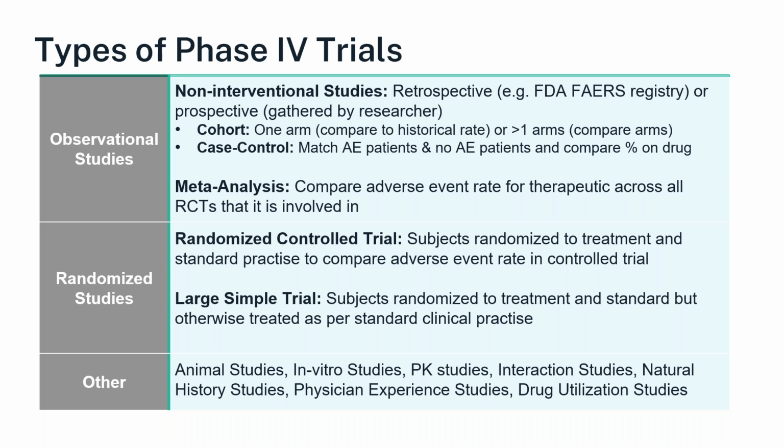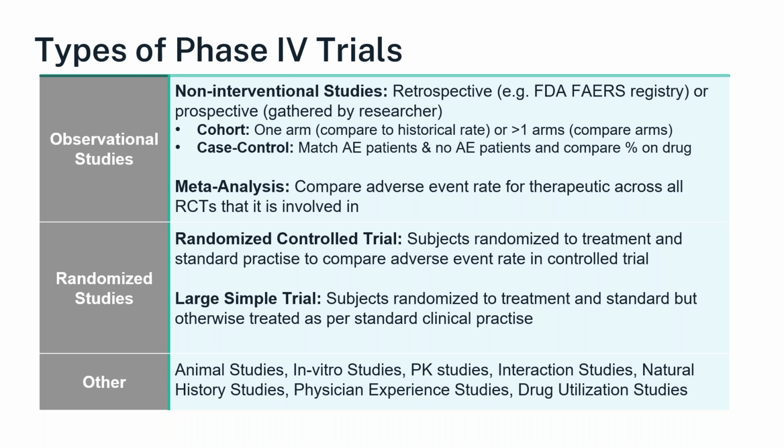Case control is slightly different, where we basically get a cohort of people who had an adverse event of interest, and we have a cohort of people who didn't have an adverse event of interest, and we are comparing the proportion of each of those cohorts who had the therapeutic of interest and who didn't. So obviously, logically, we're hoping, at least in the worst case scenario, that the proportion of people who had the therapeutic is roughly the same in the adverse event group and the non-adverse event group.